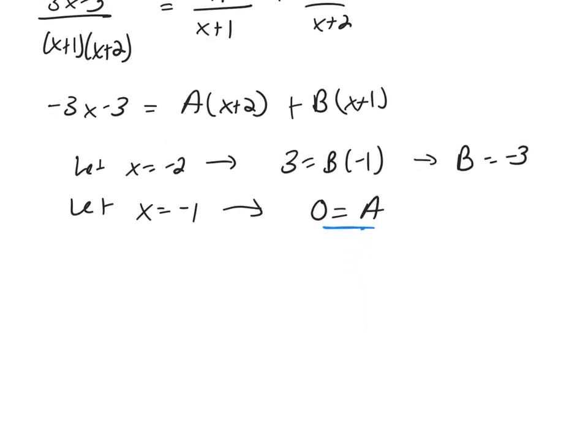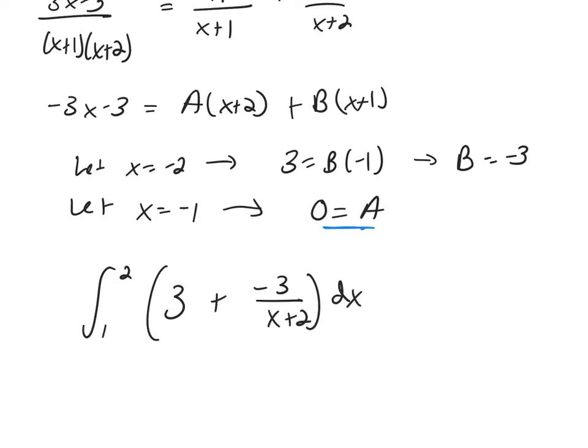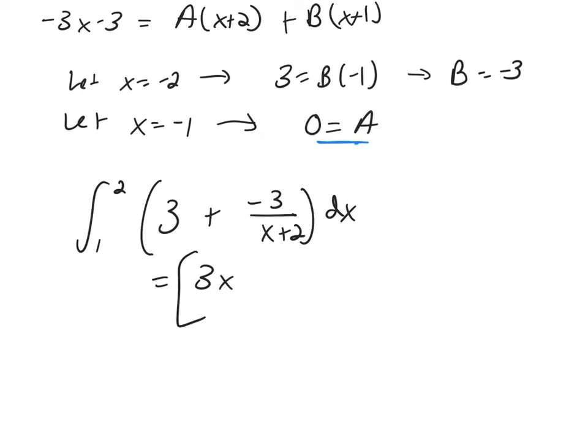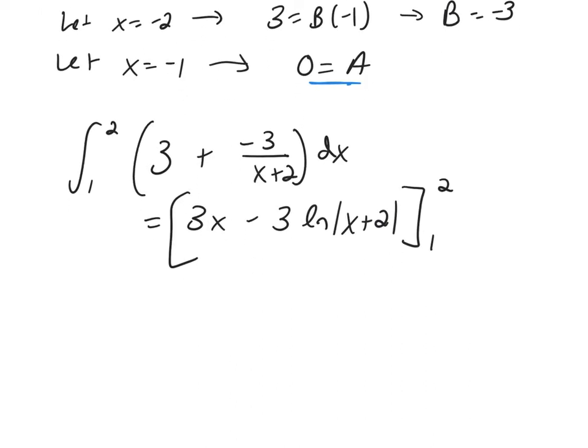So now what am I left with? The integral from 1 to 2 of 3 plus, our a was 0, so we just have negative 3 over x plus 2. So now we can compute this integral. It would be 3x, do a u substitution for the second term, minus 3 ln of x plus 2, plug in top number minus bottom number.